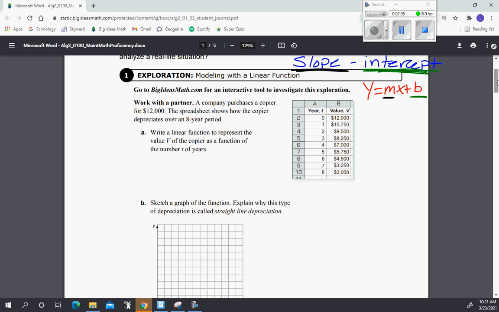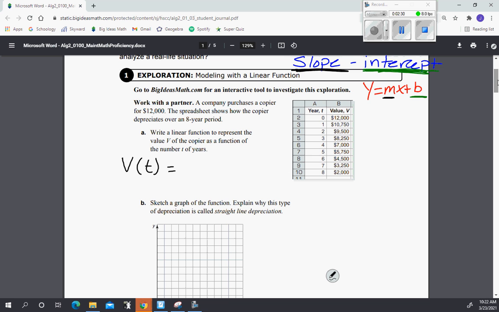We want to write a linear function to represent the value v of the copier as a function of the number t of years. Okay, so we have t and v. Well, we know that v is our value. Okay, and I'm just going to be fancy here. We're going to say v of t. I'm okay if you just have v. That's okay. I'm just being a little fancy.